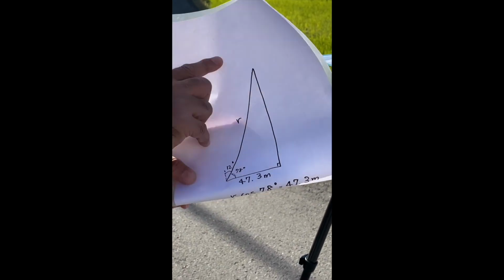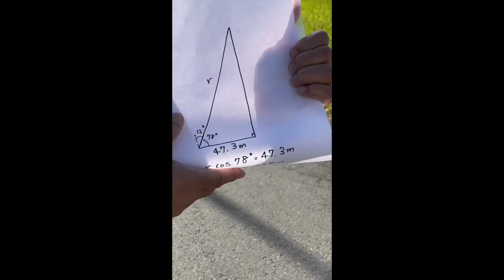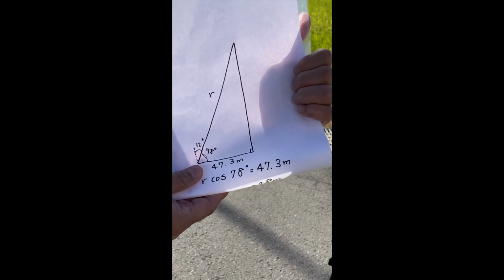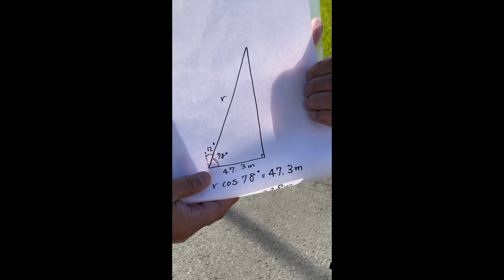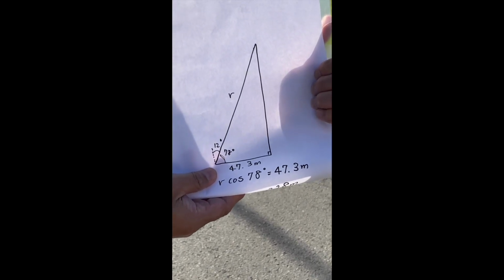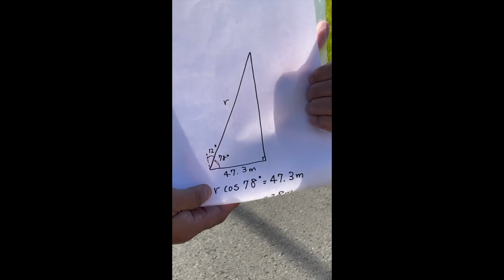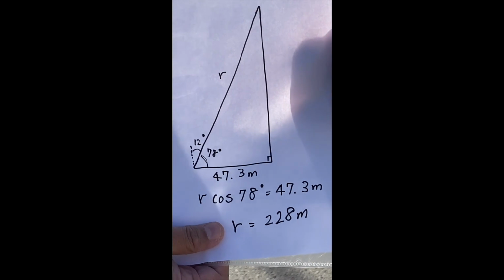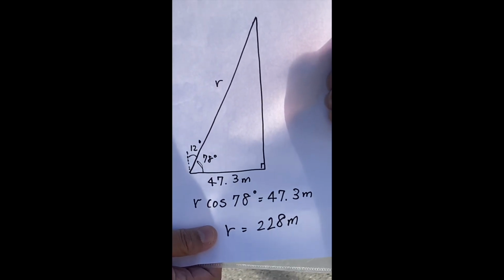We'd like to determine this distance r. Using the trigonometric function cosine, r cosine 78 degrees is equal to 47.3 meters. Using this equation, we can calculate the distance r. So r becomes 228 meters.